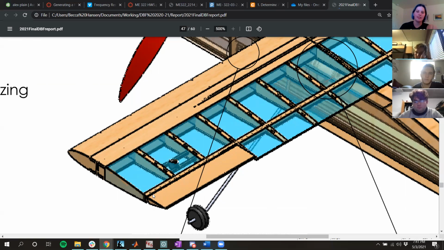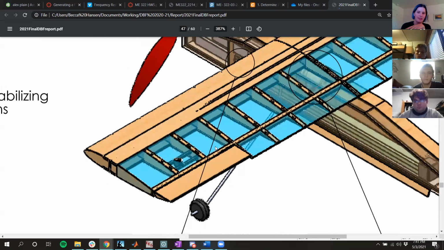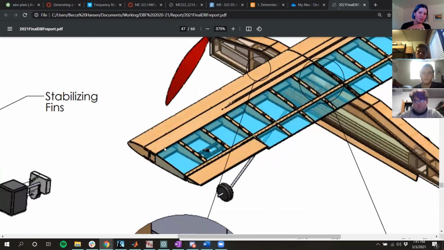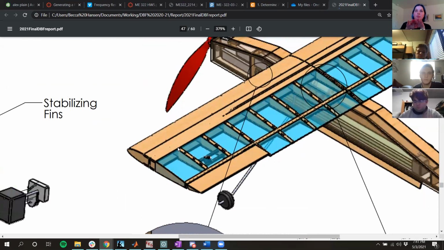You slip them in, then you do some CA glue, and it permeates through. So it's acrylate. Yeah, we use CA glue for everything. So that'll just be a little flexible hinge. I don't know that we really do anything else.